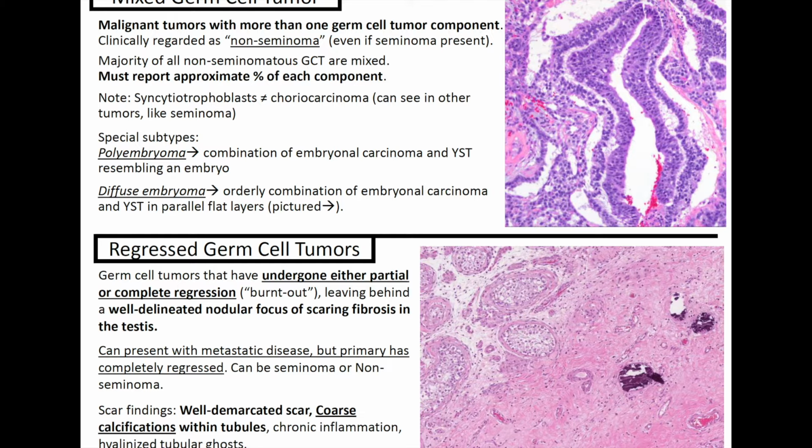Like we previously mentioned, they can be seen in seminomas. So some special subtypes to know for mixed germ cell tumors are polyembryoma, which is a combination of embryonal carcinoma and yolk sac tumor resembling an embryo, and diffuse embryoma, which is an orderly combination of embryonal carcinoma and yolk sac tumor in parallel flat layers.